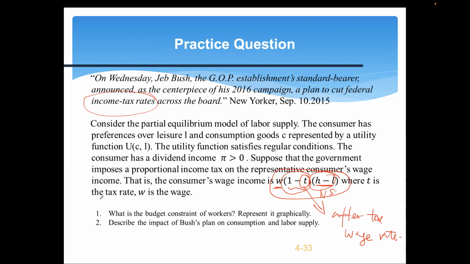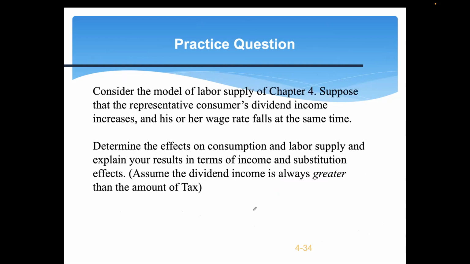Right. This question asks you first, what is the budget constraint of the worker? And second, describe the impact of this tax cut on consumption and labor supply. Maybe I'm going to use this part to draw a diagram. Okay.